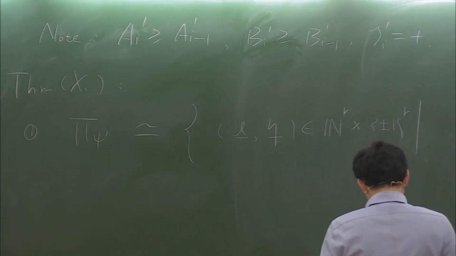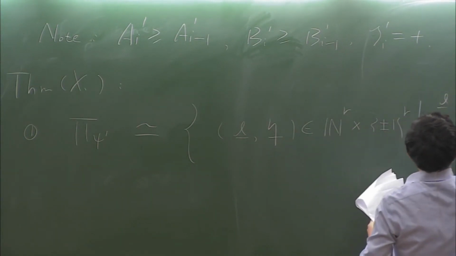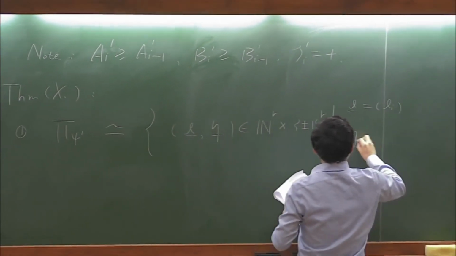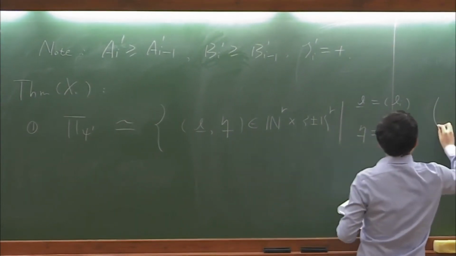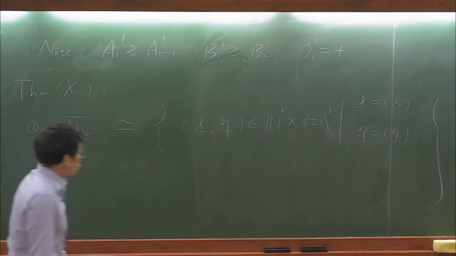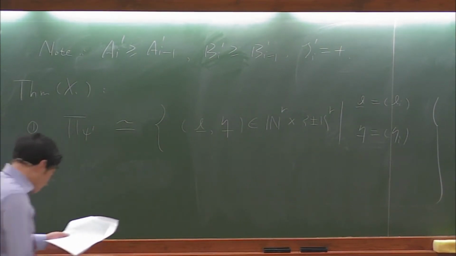Okay. So this L and eta lower bar will be r-tuples, with the following conditions.